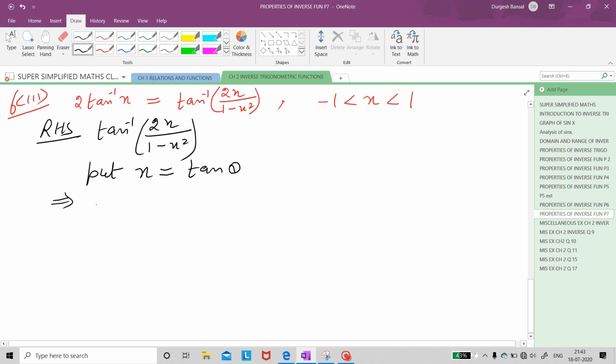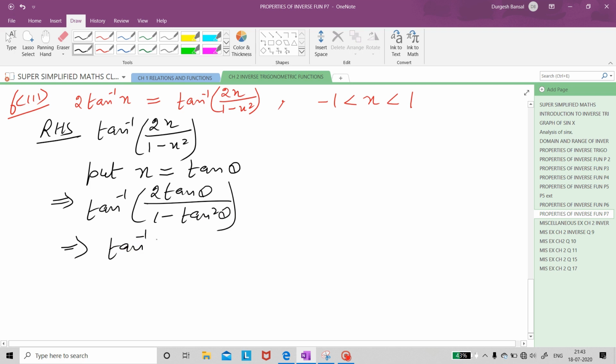So the right hand side becomes tan inverse 2 tan theta upon 1 minus tan square theta, which comes out to be tan inverse tan 2 theta, because 2 tan theta upon 1 minus tan square theta is the formula of tan 2 theta, which is equal to 2 theta.